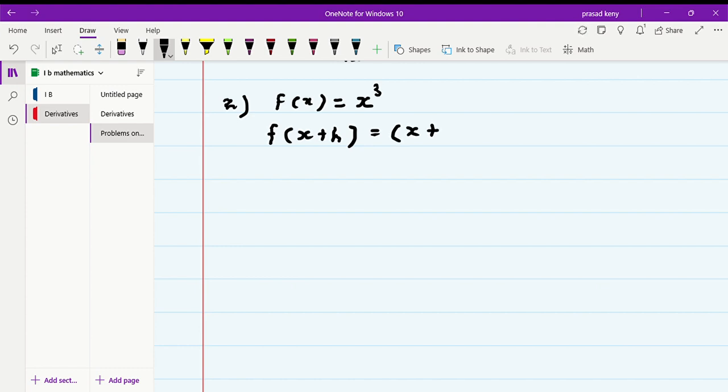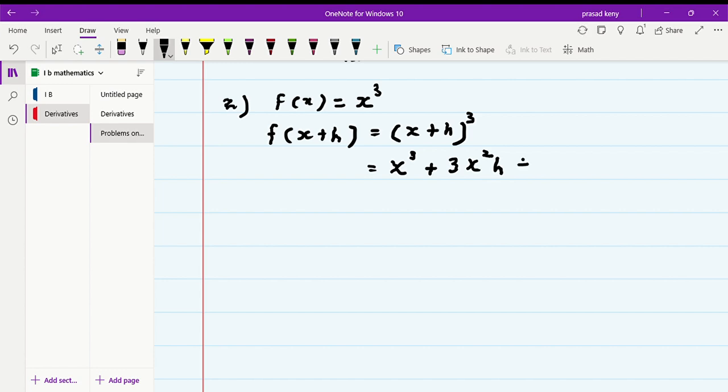You have already studied about the binomial expansion. So by Pascal's triangle, the coefficients in (a plus b) the whole cube are 1, 3, 3, 1. That means you will get the terms x cube plus 3. First coefficient is 1, then 3. Reduce x power by 1. So x square. Write h here.